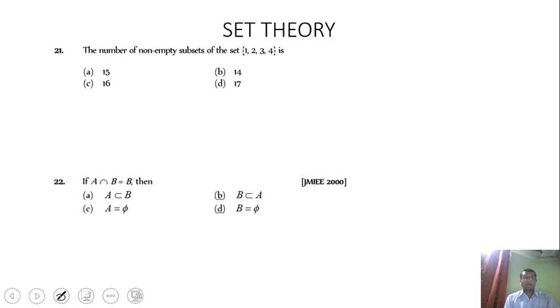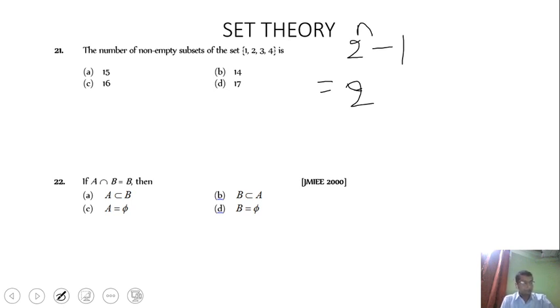Next, the number of non-empty subsets of a set is given by the relation 2 raised to n minus 1. It is similar to that of a proper subset. Here n is the cardinality of the set.